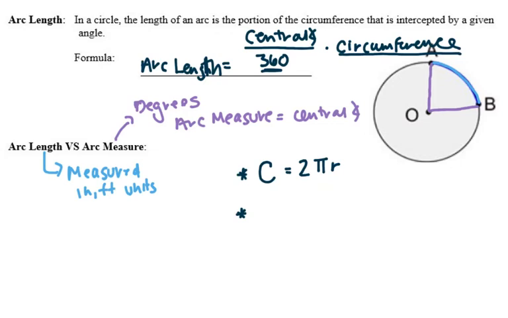However, if you are instead using radian measures, which we're going to talk about in a second, your formula is going to change just a little bit to be your central angle divided by 2 pi times your circumference.